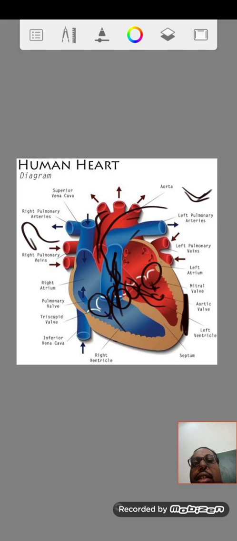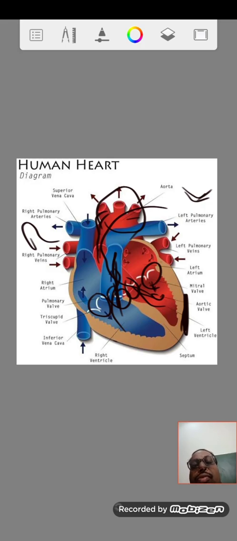But whenever we are discussing this, you should be very careful about why these vessels have big structures, especially the aorta. What is the function of these bigger structures?